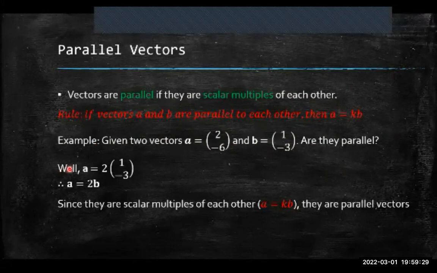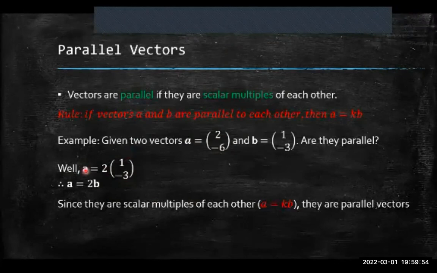Looking at this, A, 2, -6, I can rewrite that as 2 multiplied by 1, -3, because 2 by 1 is 2 and 2 by -3 is -6.